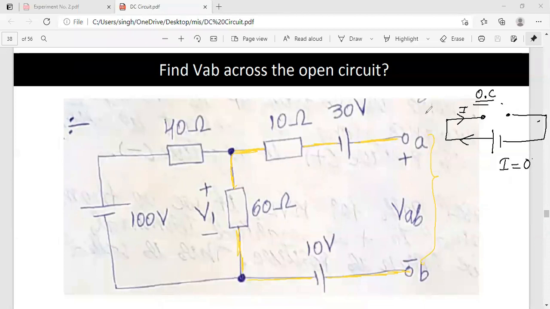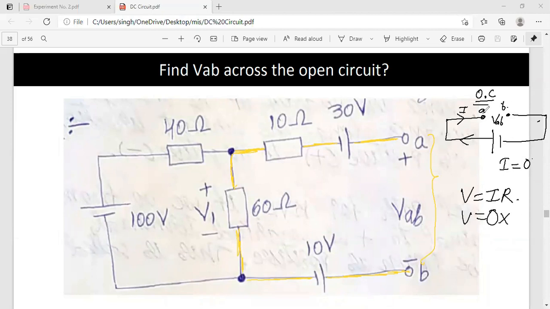But these are the two end terminals of my open circuit. I will always have a voltage across these 2 points. Current is 0, so if you think that V equals IR, then if current is 0, whatever the resistance, voltage will also be 0. You don't have to think like that here.